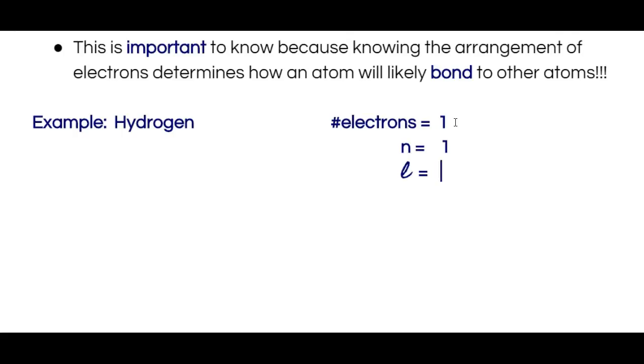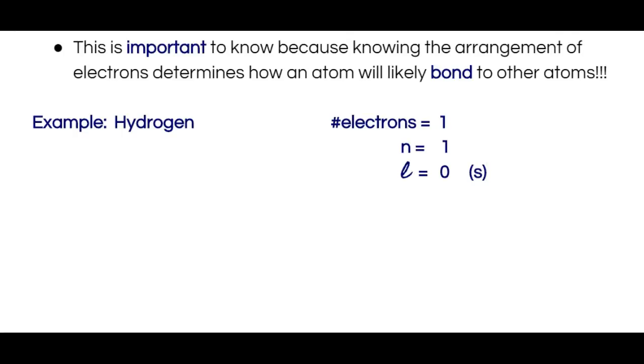And then the allowed values for our secondary quantum number are 0 all the way up to n-1. So that should make sense to you that the L value, the secondary quantum number, will be 0. Remember that describes an s orbital.